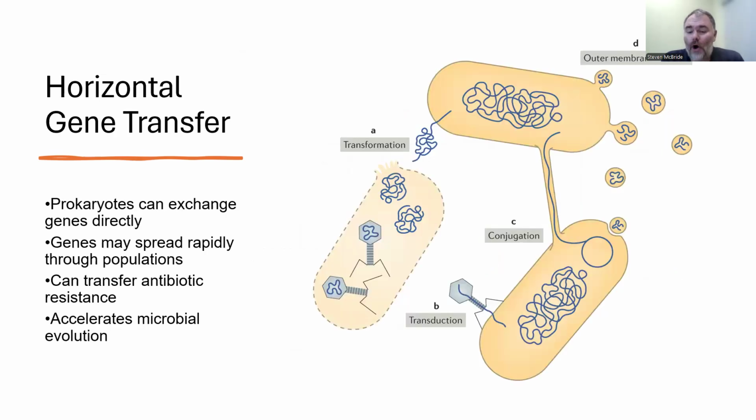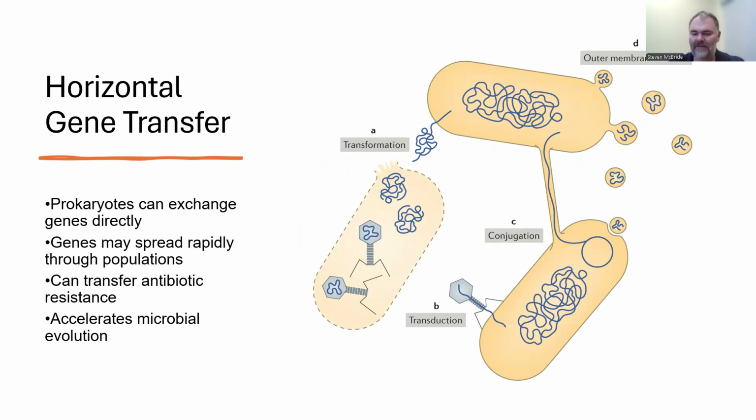Microbes do not rely only on mutation to evolve. Many prokaryotes can also exchange genes directly through a process called horizontal gene transfer. Instead of inheriting genes only from parent cells, microbes can sometimes acquire genes from completely unrelated organisms. This allows traits to spread rapidly through microbial populations. One extremely important example is antibiotic resistance.